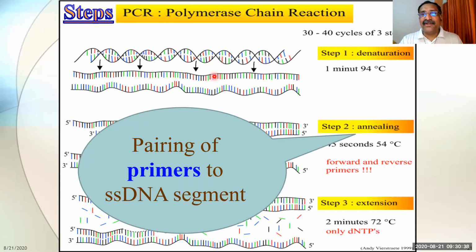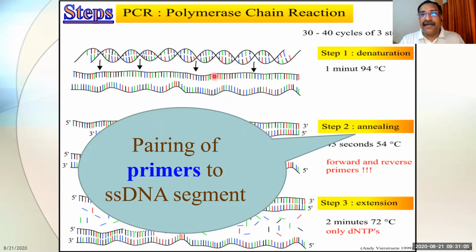So in the machine, nucleotides also we are providing, and by picking up the nucleotides, the new strand will synthesize. But for synthesizing, a base segment is required. That base segment is called primer, and primer is always a single-stranded DNA segment.